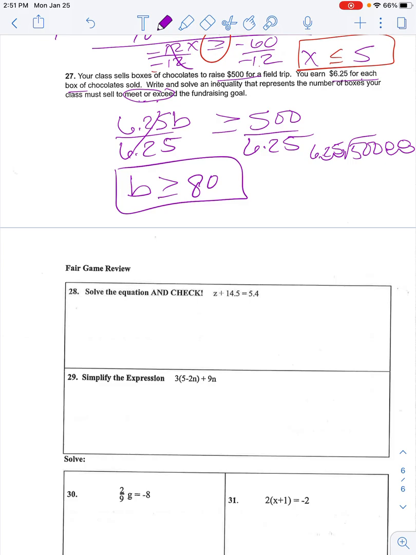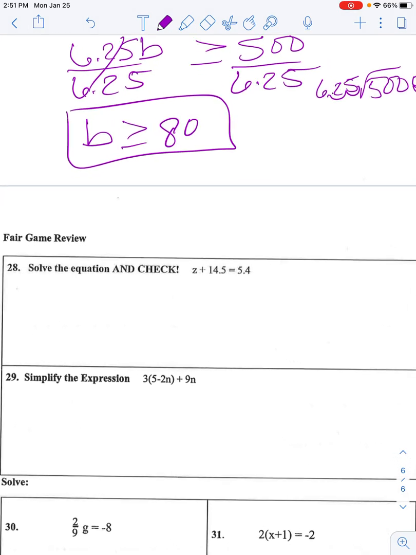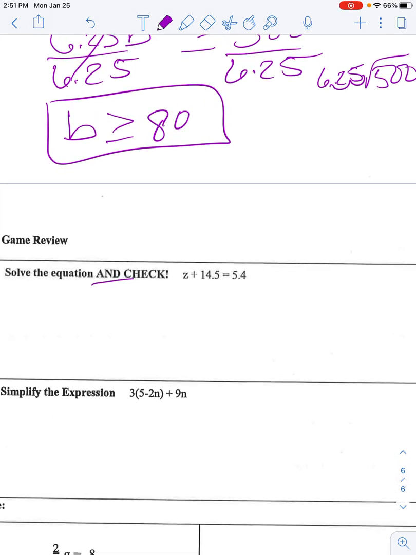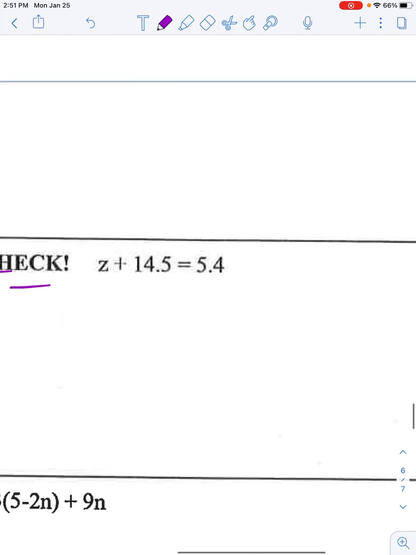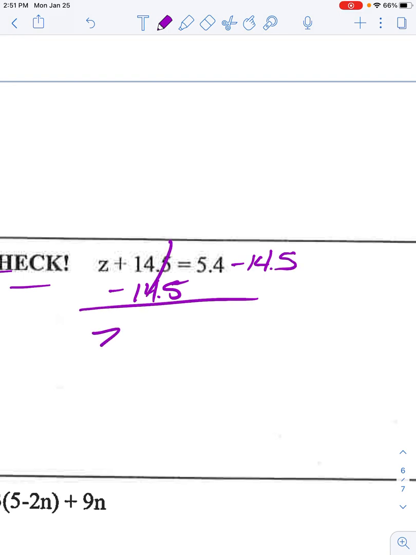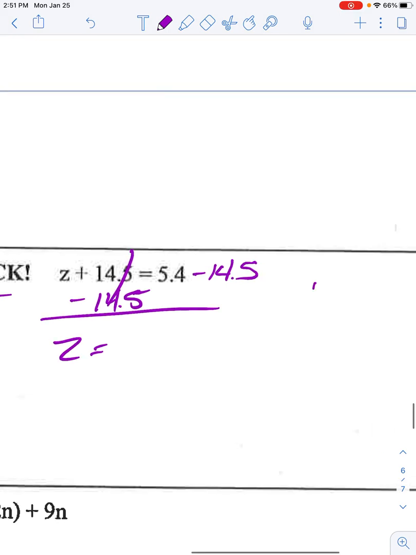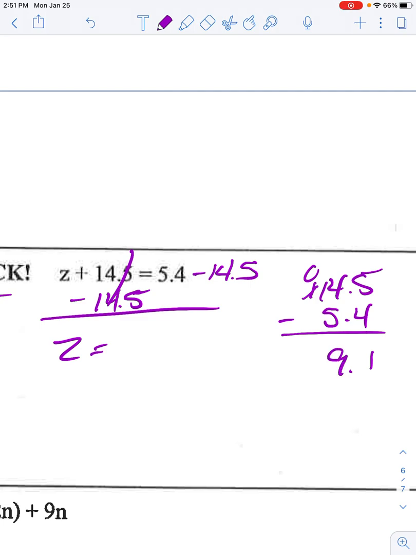Here's your fair game review that we did the other day in class, worksheet 16. Solve the equation and check. We're going to subtract 14.5 from both sides. These are equations, no longer inequalities. Different signs, find the difference. And there is more negative, so it's a negative 9.1.